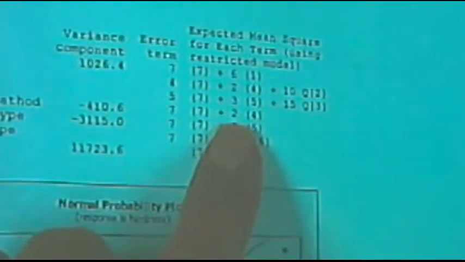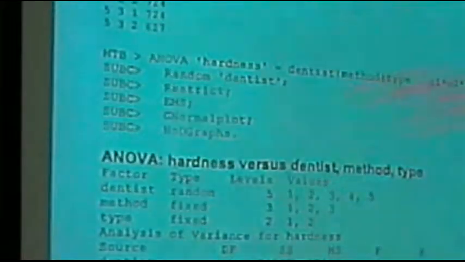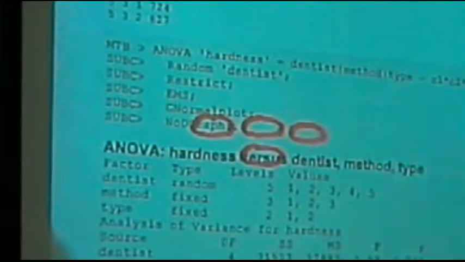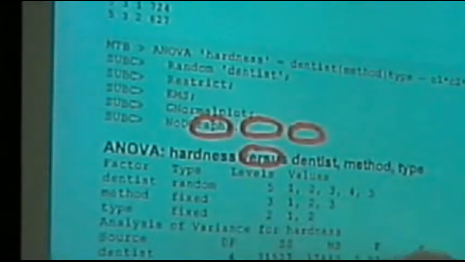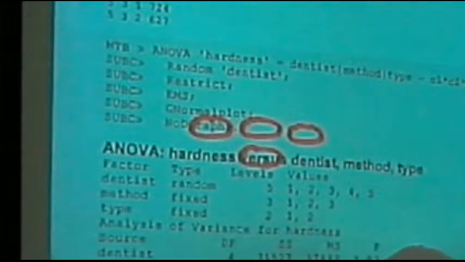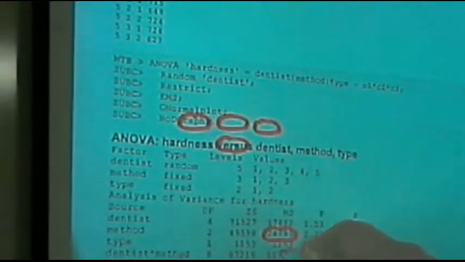So it looks like the program is doing the right thing there. Now, coming back to where we were here, let's see. We had been talking about testing method, and the right denominator should be dentist by method. So they're testing method, there's its mean square. And the denominator should be dentist by method, which is this right here.